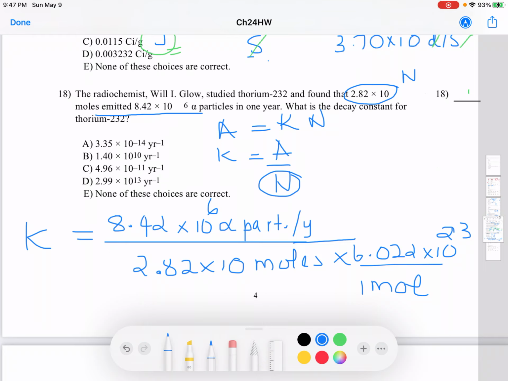Am I missing something? 2.82 into 10 to the power. Let me check the original question to see if there is an exponent.